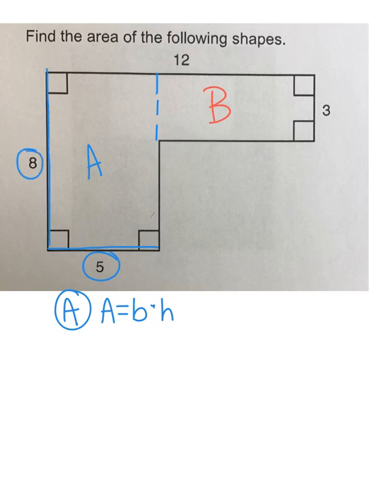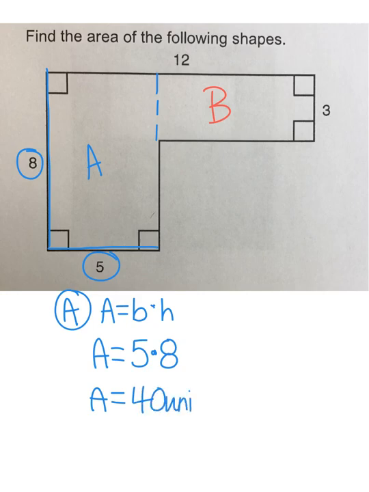So let's substitute that in. We have area equals 5 times my height, 8. And then 5 times 8 is 40. And since we don't have our units, let's just put units squared. So now we have our area for our blue A shape.